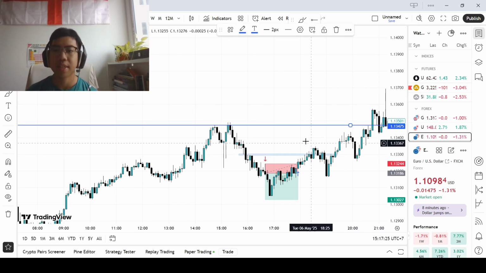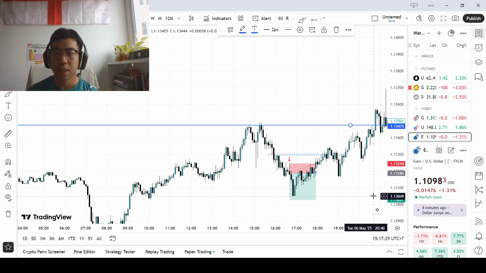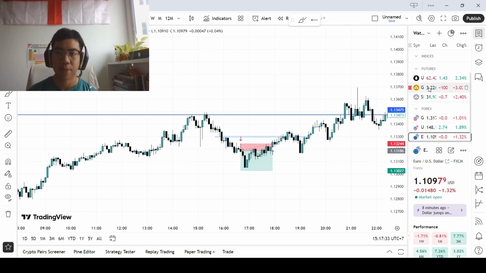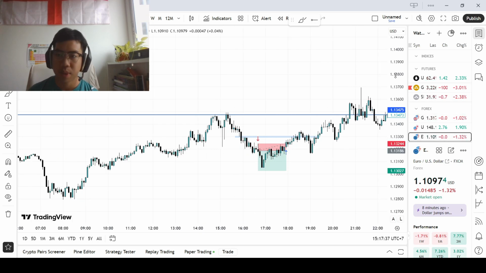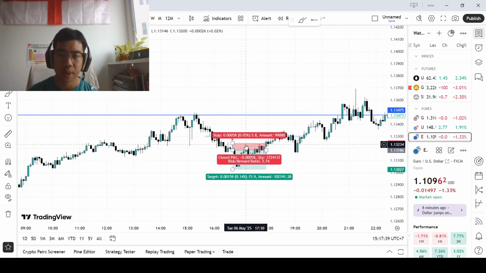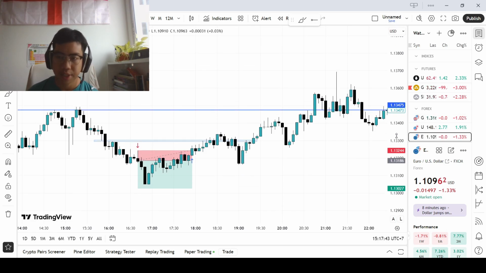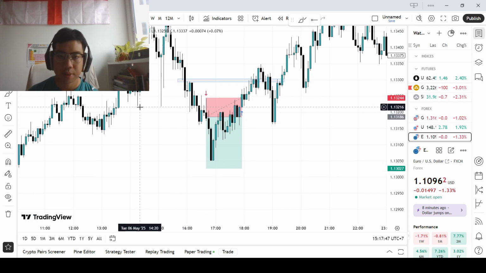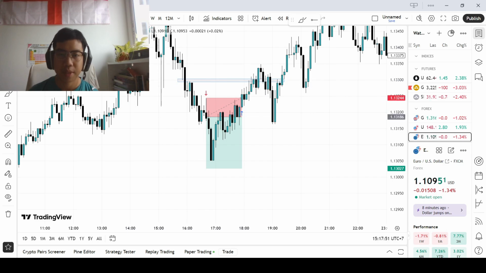We can see liquidity being swept, and I was late to the entry because I was off doing something else on my laptop, and once I checked back, the sweep was already in full swing, and I got in around here. This was when I checked my screen again.